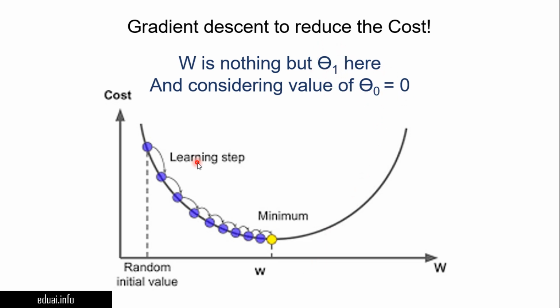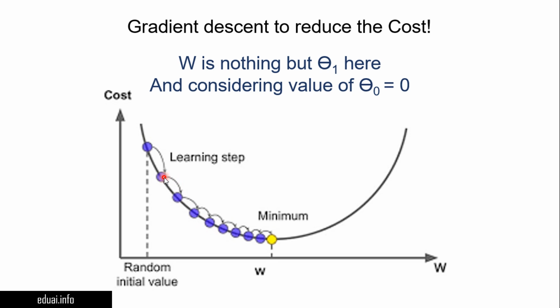We'll randomly choose a value for theta 1, and we'll calculate the cost. The cost will be so high at that time. We'll again choose a value of theta 1, calculate the cost, and compare it with the previous cost. If the cost is lesser than the previous one, we'll choose the next smaller value and calculate the cost again. So the cost will become smaller and smaller over time.